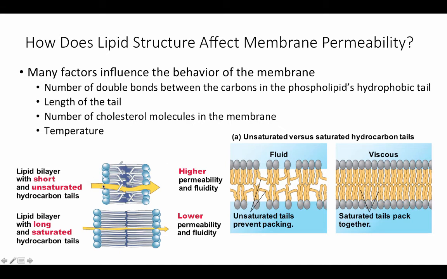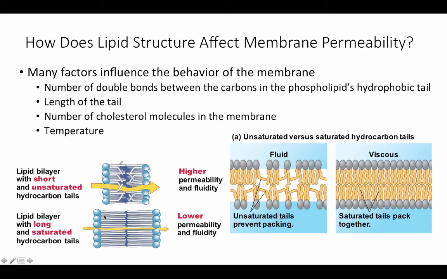The length of the tail is also going to be a factor. So the longer the distance the particle has to travel to get across the membrane, the less likely it is going to be to cross. So shorter tails, higher permeability; longer tails, lower permeability. And here we see the combined effect of saturation level and length of tail. Don't get confused.